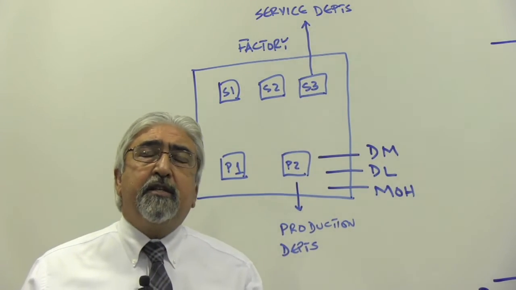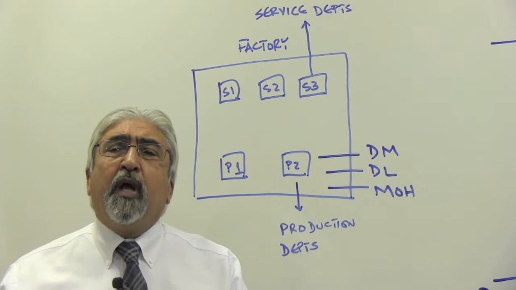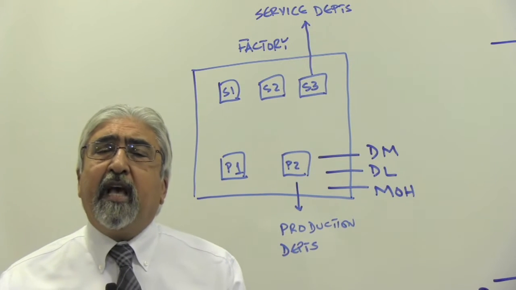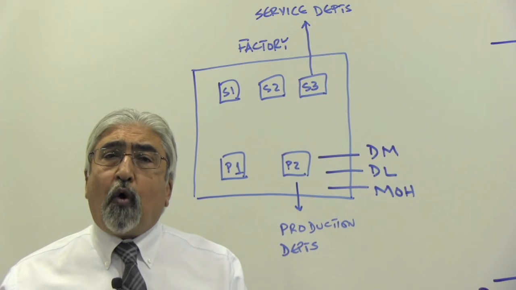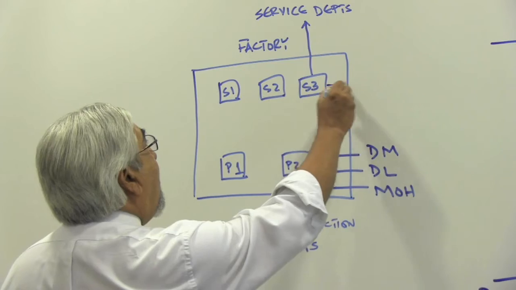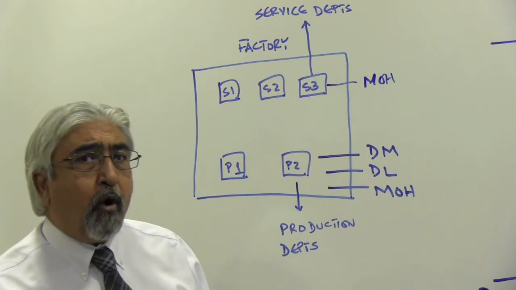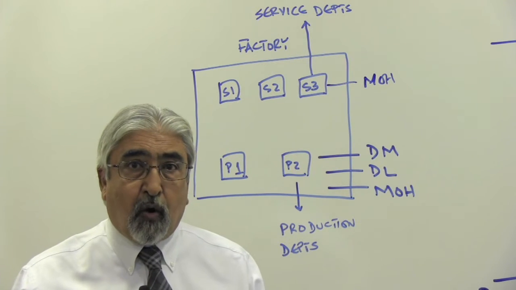Obviously, since these departments are not working on the units being produced, you cannot have any direct material costs in there or any direct labor costs in there. So all the costs incurred in service departments are manufacturing overhead costs. But the important point to remember is that these are still production costs.